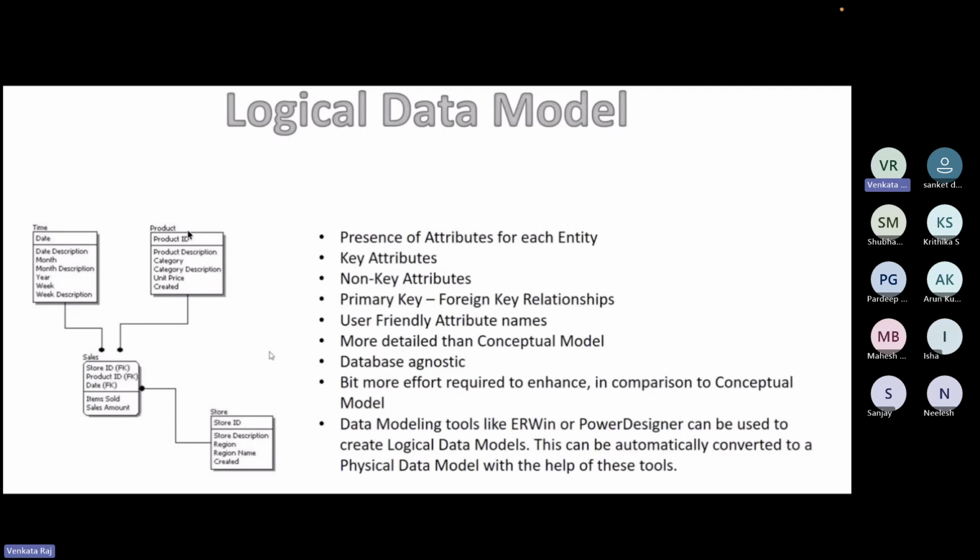Okay, now I understood tables. Now let me define the columns. What columns do I need? And out of those columns, there is a concept called primary key and foreign key, and there are some other keys. If you are already aware of SQL, you might know this. So in these logical models, what we do is we keep the key columns in the upper box and non-key columns in the lower box.